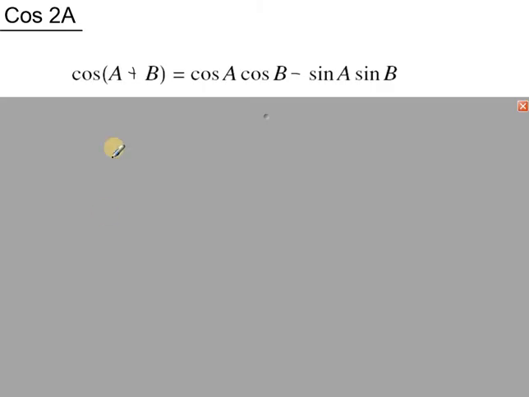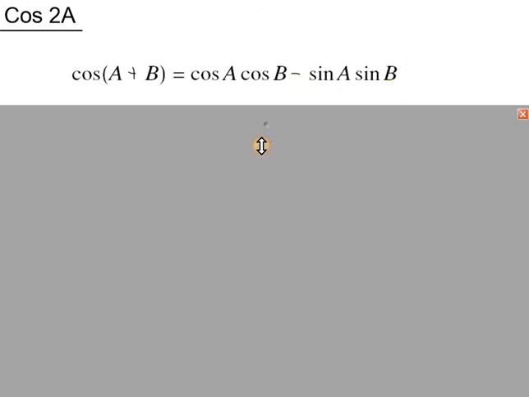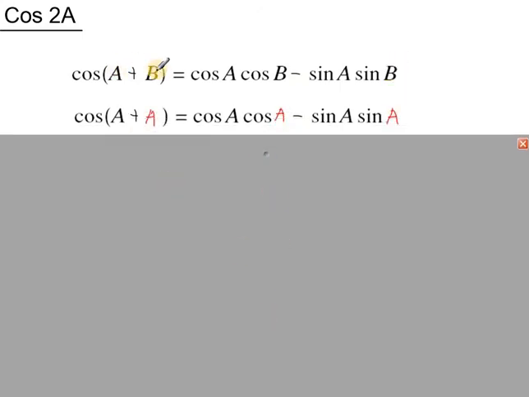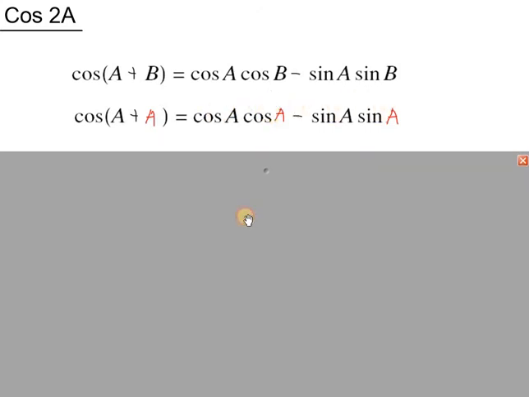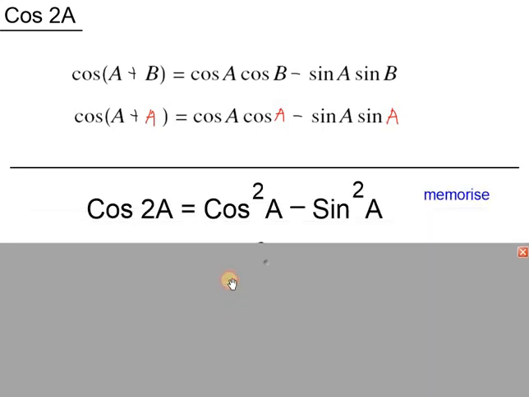And doing something similar for the double angle formula for cosine, again, if we replace B with the letter A, like this, because A and B are any angle, they can be the same angle. And then we simplify, because that's 2A, that's cos squared A, this will be sine squared A. So we get this identity.